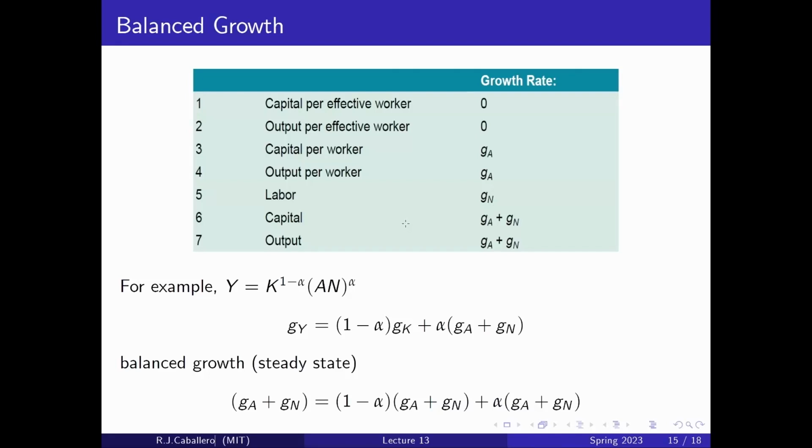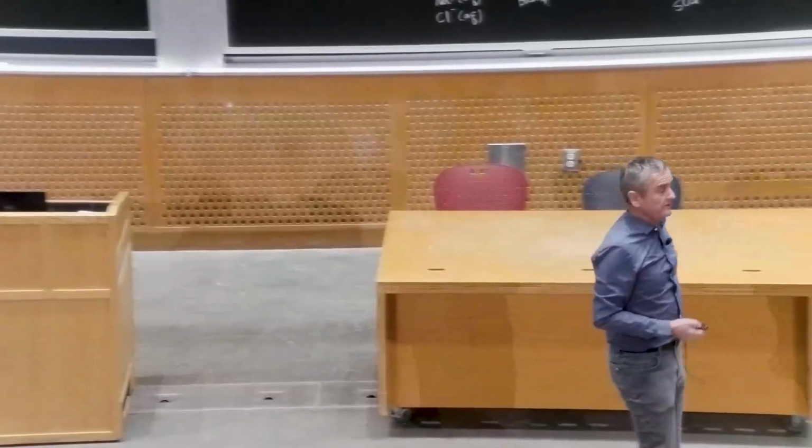These are the exogenous drivers. gA is exogenous in this model, and so is gN. Population growth is some constant we take. It's not something we try to explain within the model. But the two drivers of absolute growth will be gA and gN. And so capital in the steady state will be growing at the rate gA plus gN. Output will be growing at the rate gA plus gN. So that's balanced growth.